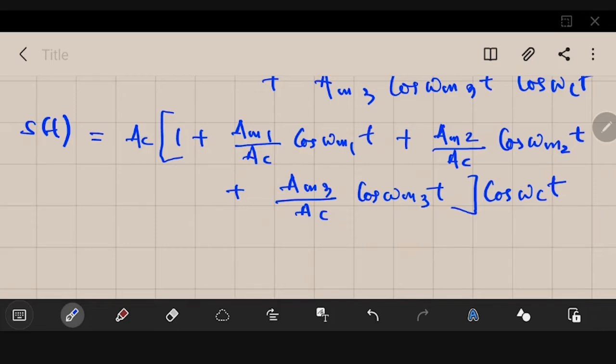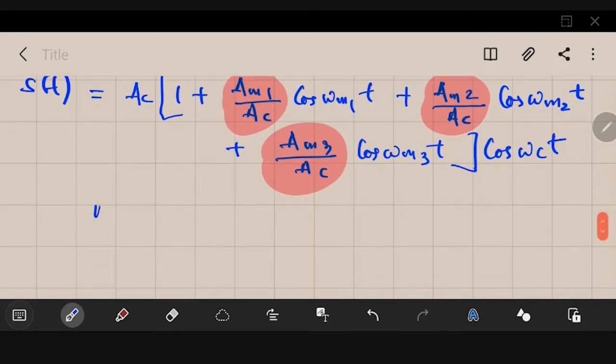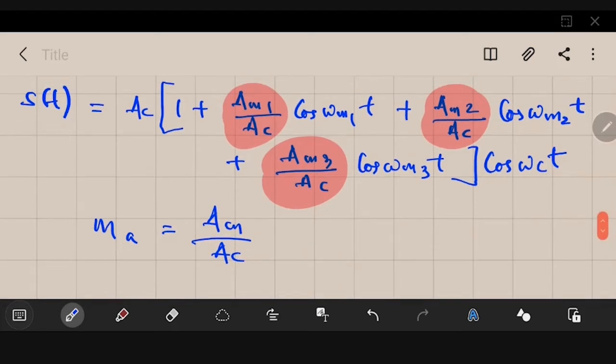Now there is one thing to note. You could see that these ratios are there, A_m1 by A_c, A_m2 by A_c, A_m3 by A_c. Doesn't this look similar to the formula for modulation index? The formula for modulation index was like this: m_a was equal to A_m by A_c. In this case, you could see there are multiple modulation indices.